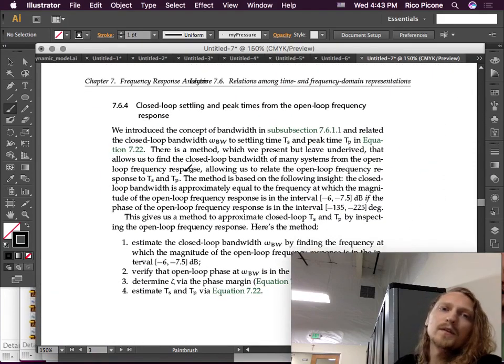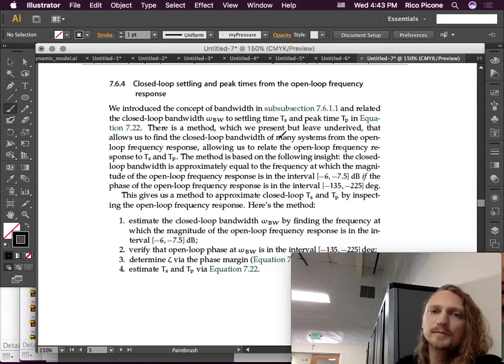So finally, closed loop settling and peak times from open loop frequency response. We introduced the concept of bandwidth and related the closed loop bandwidth, omega BW, to settling time, TS, and peak time, TP, in equation 7.22.